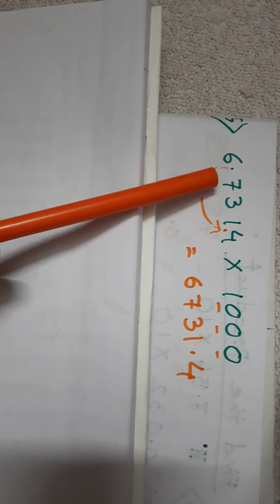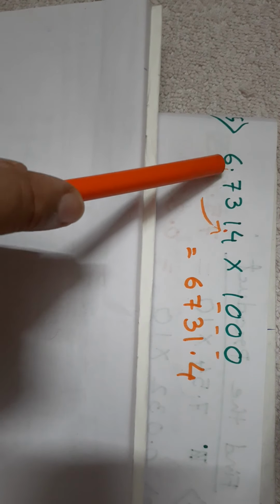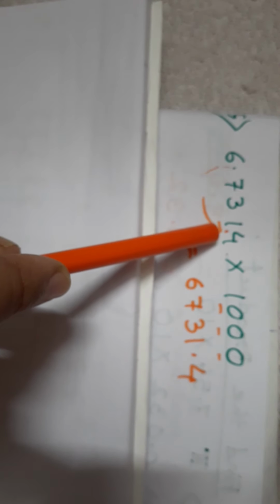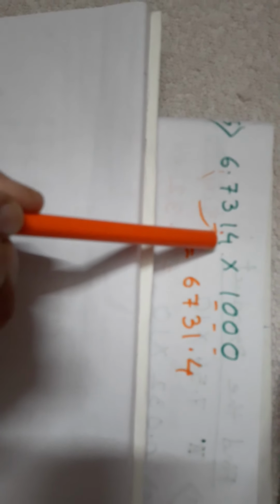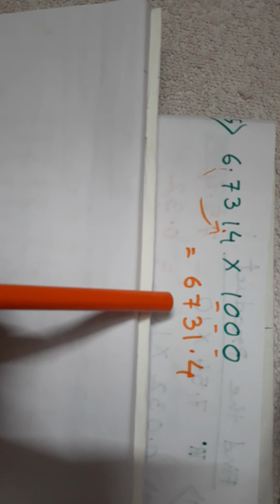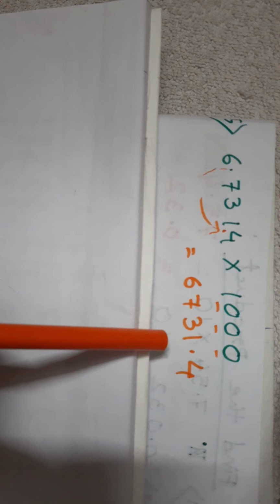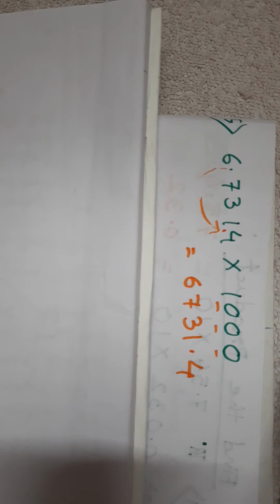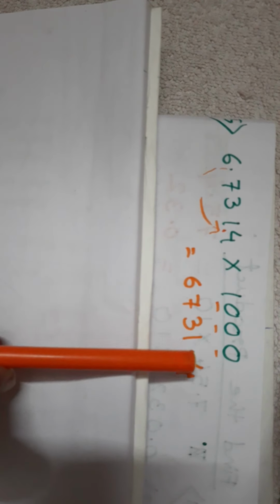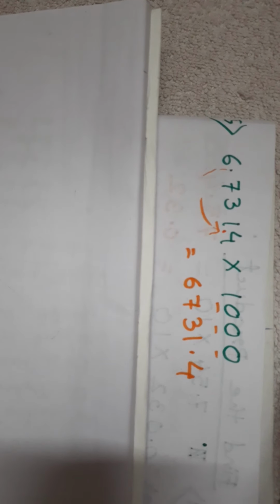So we have to shift this decimal point to the right side by 3 places, and ultimately we are getting this answer, 6731.4. So according to the zeros present over here, you shift the decimal point to the right side when you are multiplying.